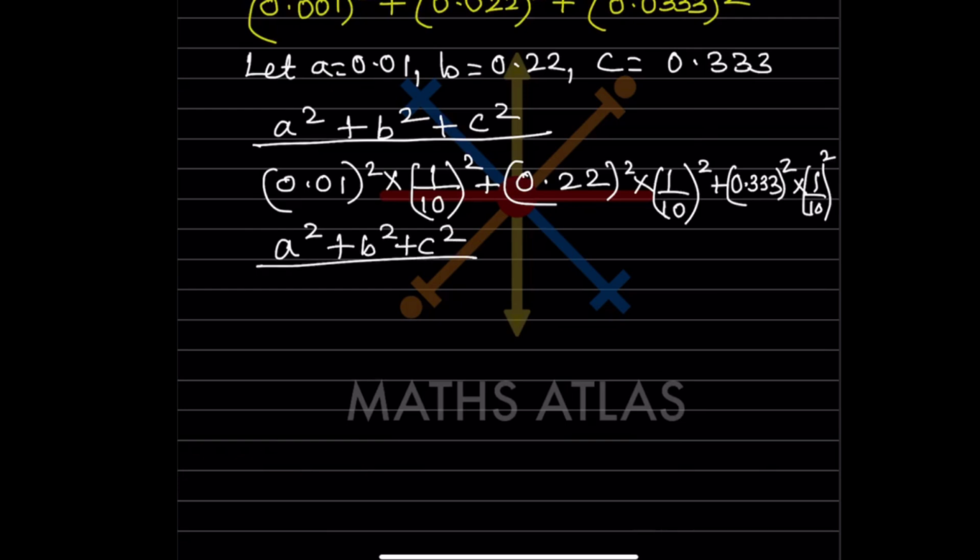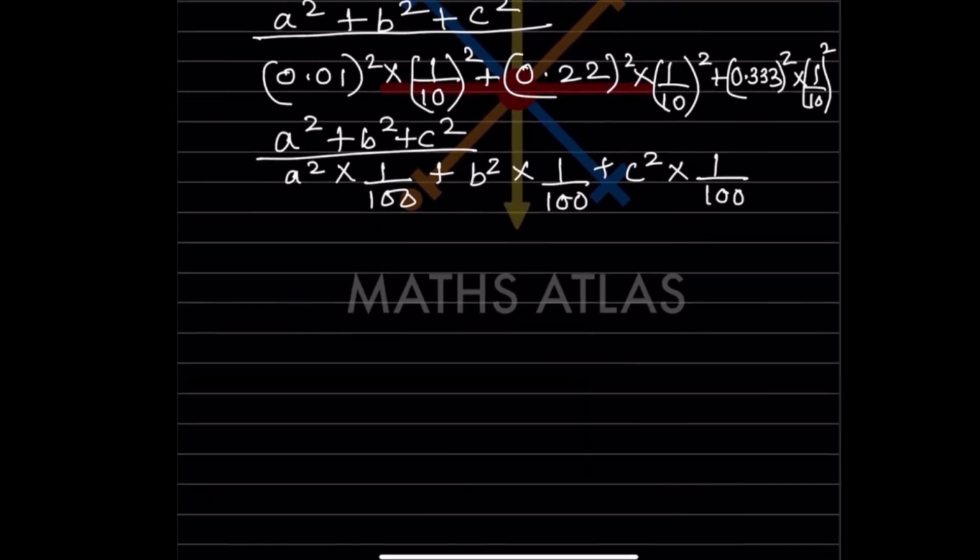The denominator 0.01 we can write as a square into 1 by 10 square, which is 1 by 100, plus again 0.22, which is b square into 1 by 100. And now the third term, 0.333, we have considered as c, so we can write here c square into 1 by 100.